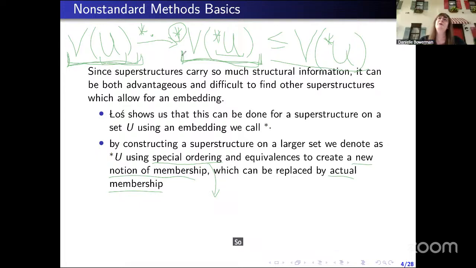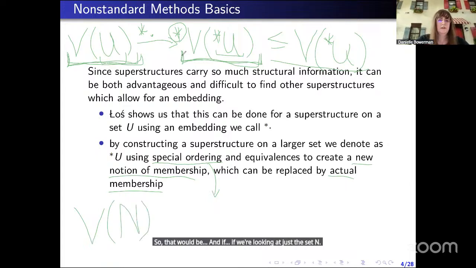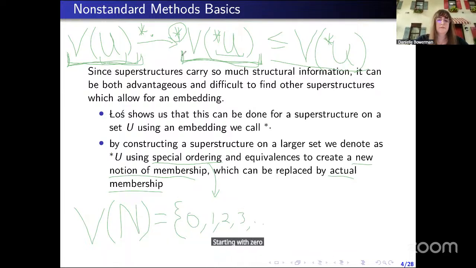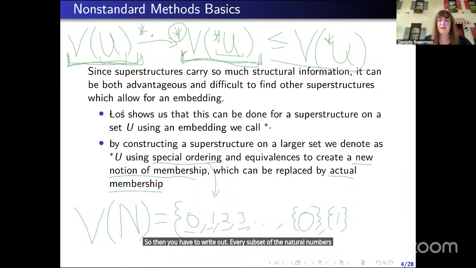So if we're looking at just the set N, you're going to get this collection that includes every natural number, starting with 0 for our purposes, then every subset of the natural numbers, which gets pretty large.